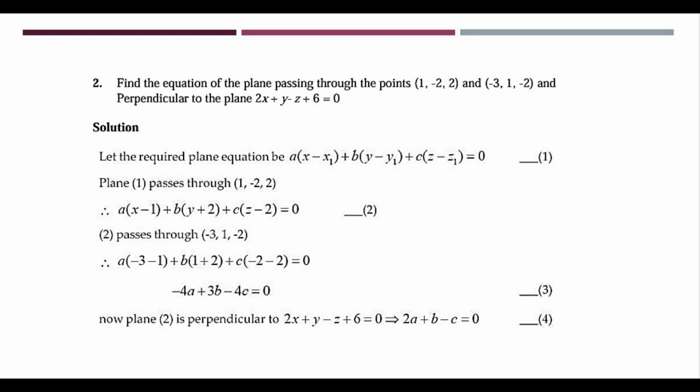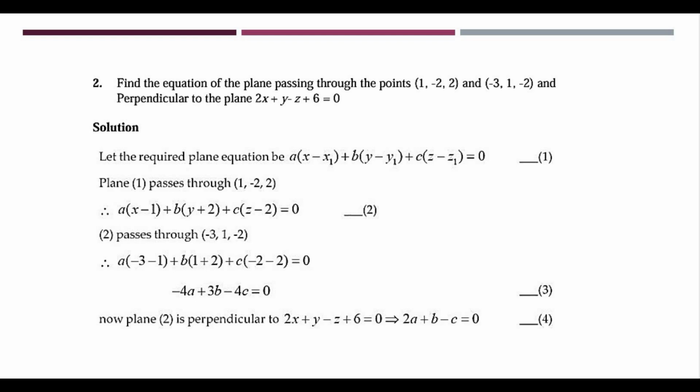Next example: find the equation of the plane passing through the points (1, -2, 2) and (-3, 1, -2) and perpendicular to the plane 2x + y - z + 6 = 0. Let the required equation of the plane be a(x - x1) + b(y - y1) + c(z - z1) = 0.